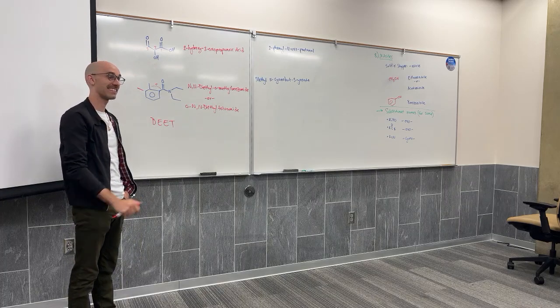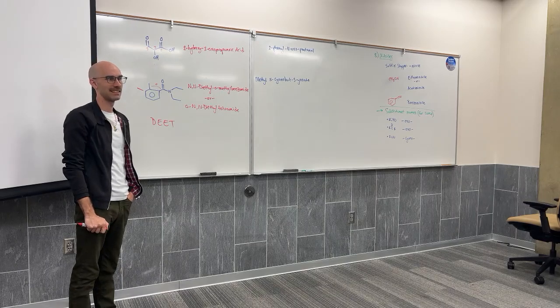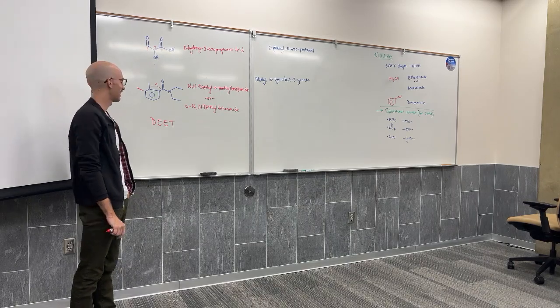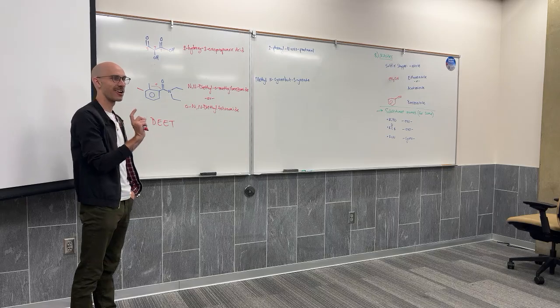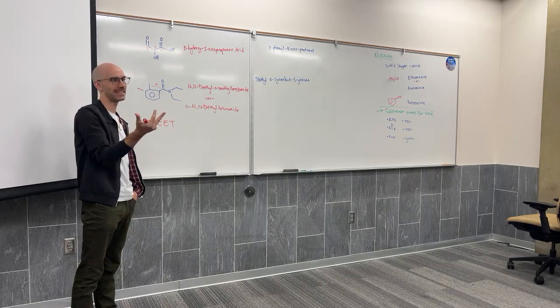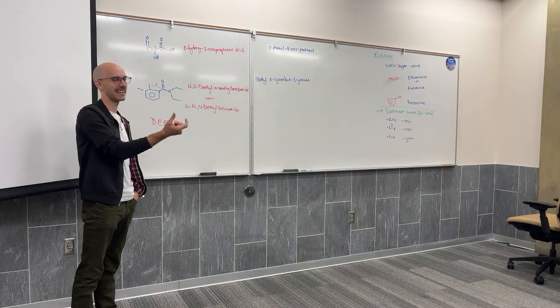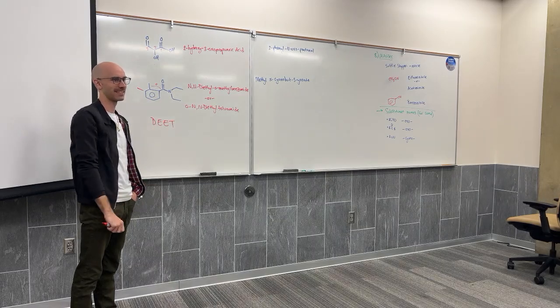Yeah, that's DEET. So this week in lab, we're synthesizing DEET. And DEET is a phonetic elongation of diethyl toluamide. It should be called DET, but they wanted to call it DEET, so they just added that extra E in there so that you would call it DEET.